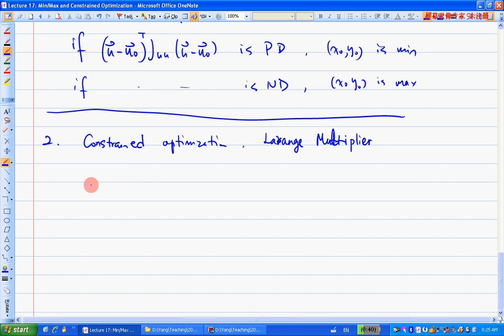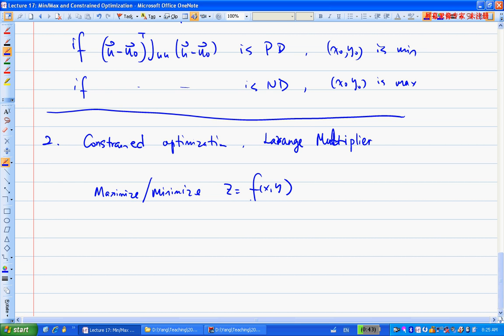I'll use a function of two variables as an example. Maybe you want to maximize or minimize a function z equal to f of x, y. If I just say minimize or maximize this function, that's the unconstrained problem, what we just said.